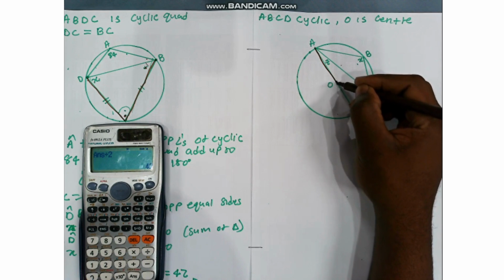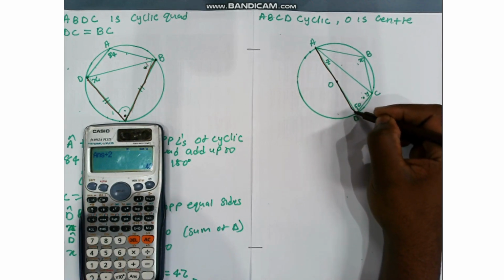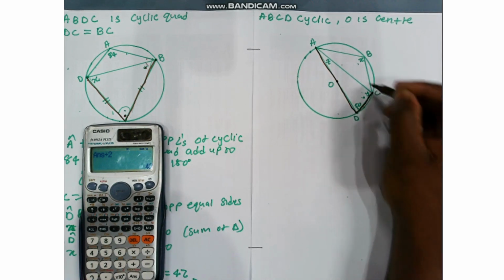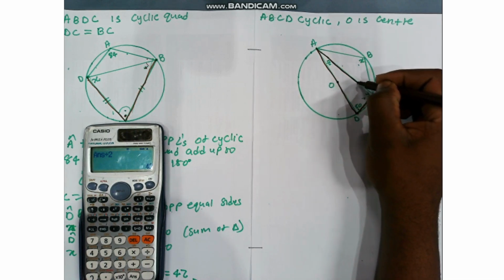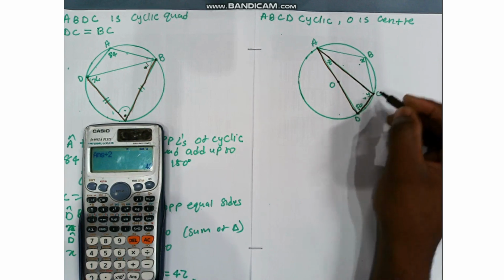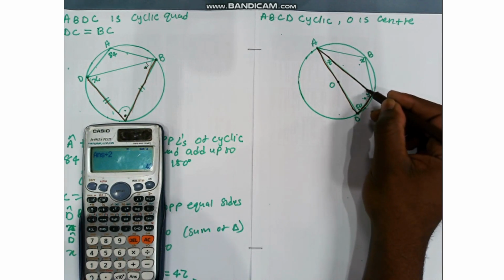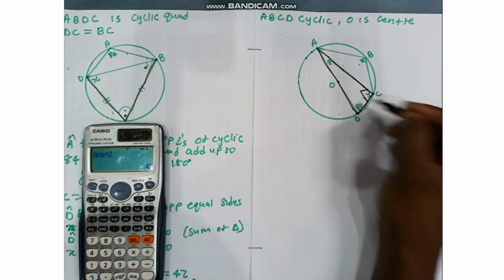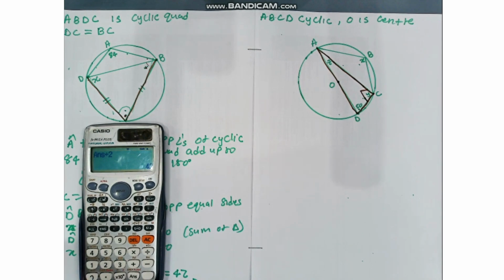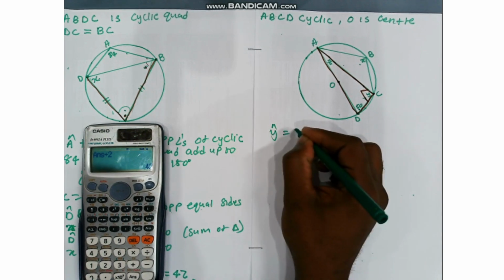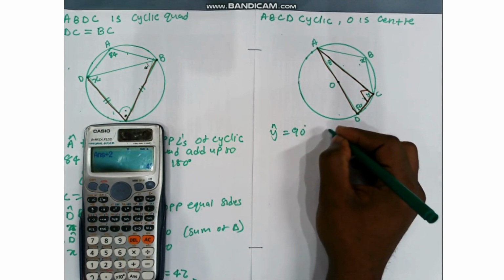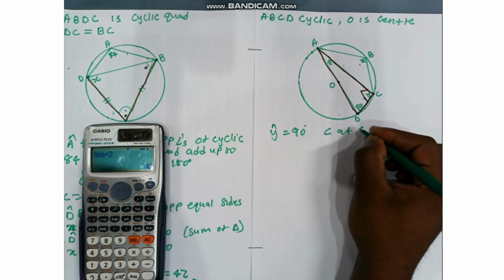Angles in a semicircle. Let's see, do we have this angle here? Yes, we do. Where we're saying this angle y here is equal to 90. Why? Angle in a semicircle. Now we just find our y is equal to 90.